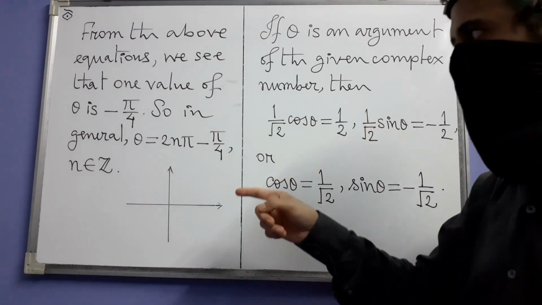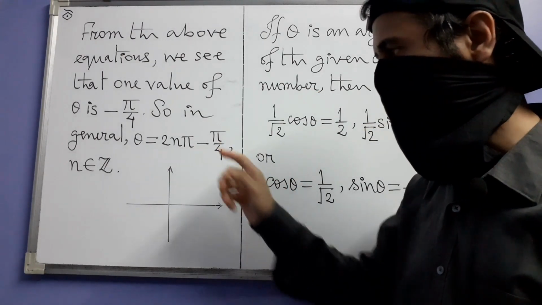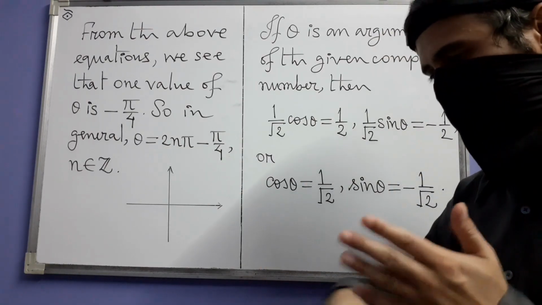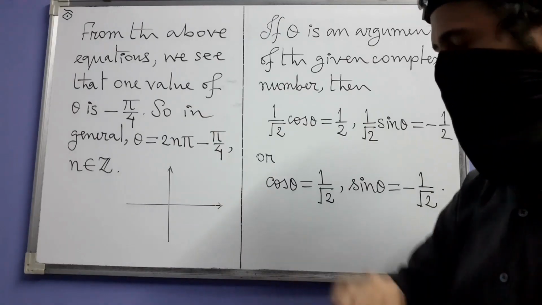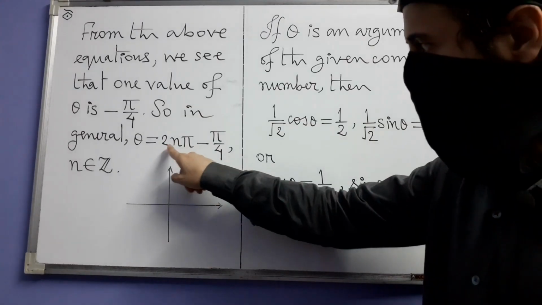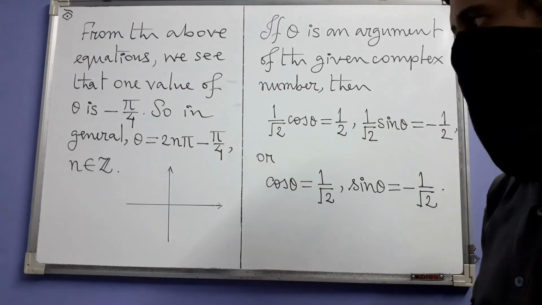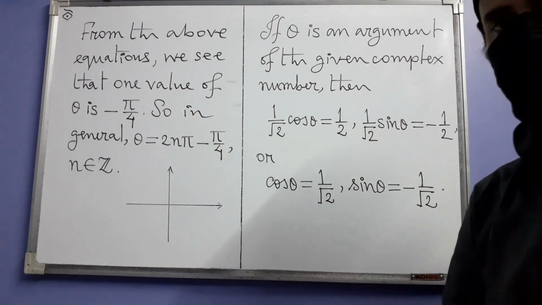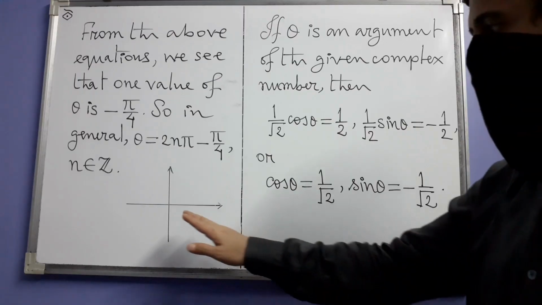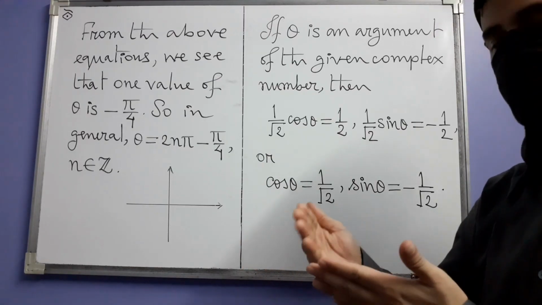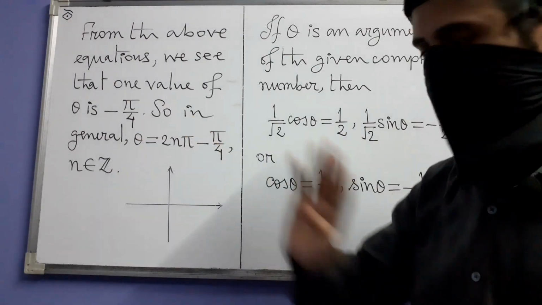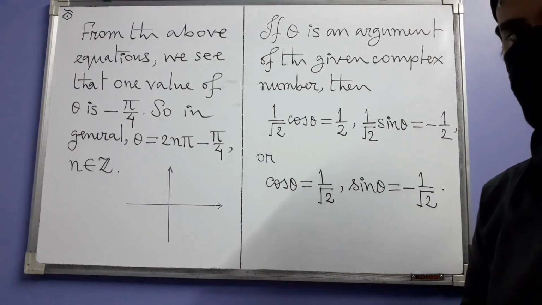So this is one argument, and in general all the other arguments will be obtained by rotating by integer multiples of 2 pi. So that's why 2n pi minus pi over 4 where n is an integer. And actually this is the principal argument because it lies between minus pi and pi. It is greater than minus pi, and of course it is less than or equal to pi.